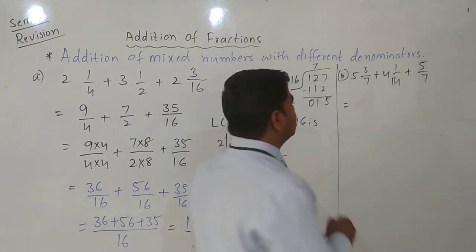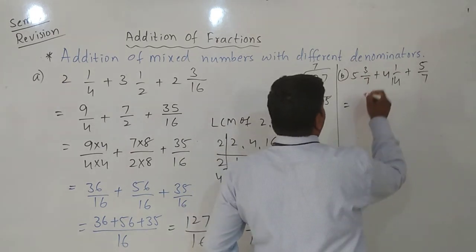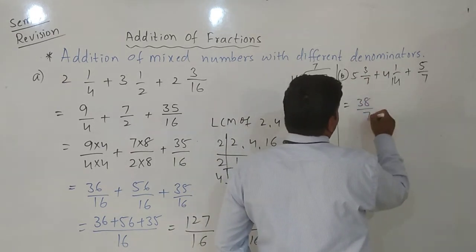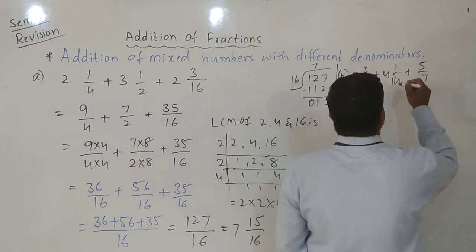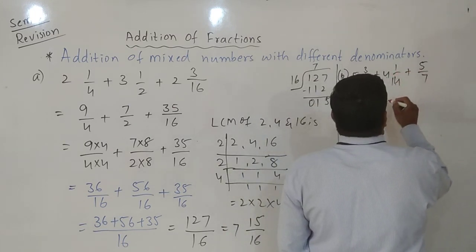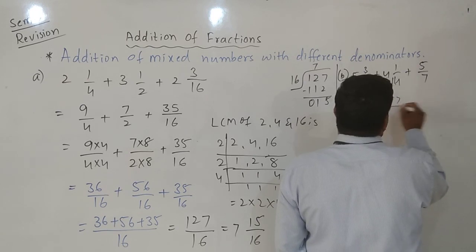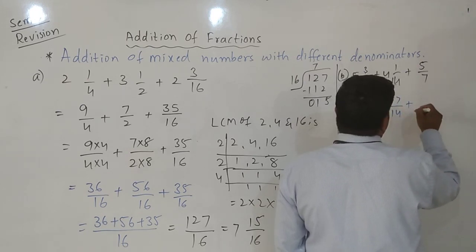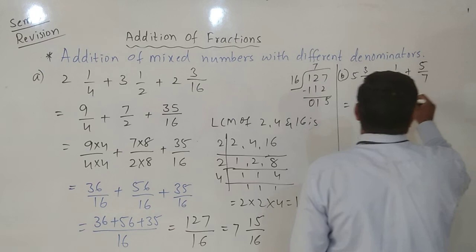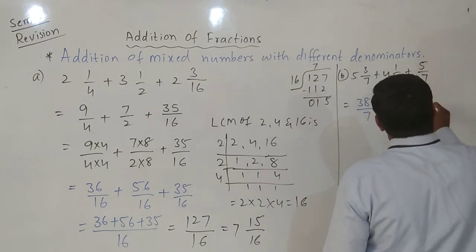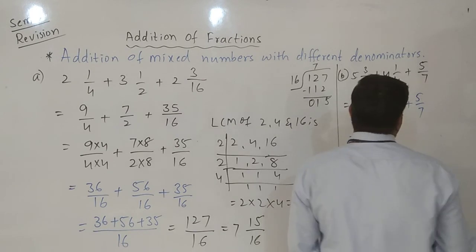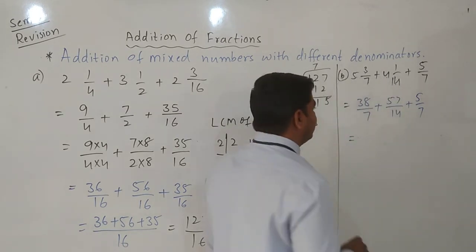How? 5 7s are 35 plus 3, 38 by 7. 14 4s are 56 plus 1, 57 by 14. Then 5 by 7. Here 14 is the LCM of 7 and 14.